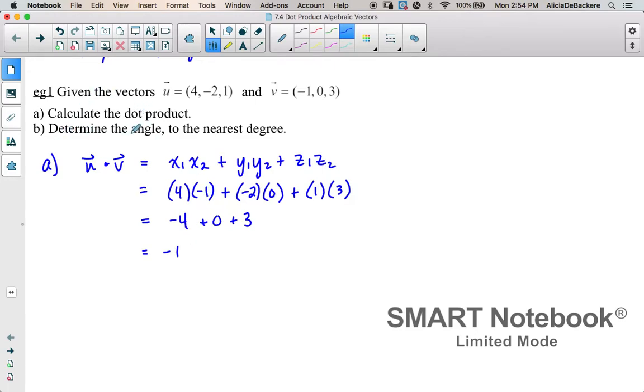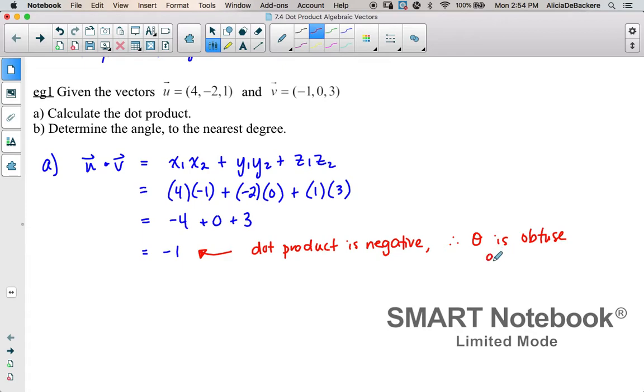The next part here is asking me to determine the angle between them. Now remember that the sign of the dot product already gives me some information about the angle. If I come out with a dot product that is negative, I know that the angle is obtuse, right?